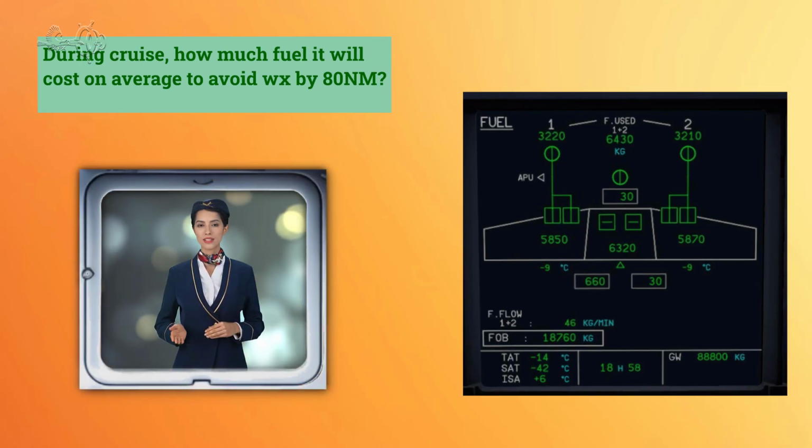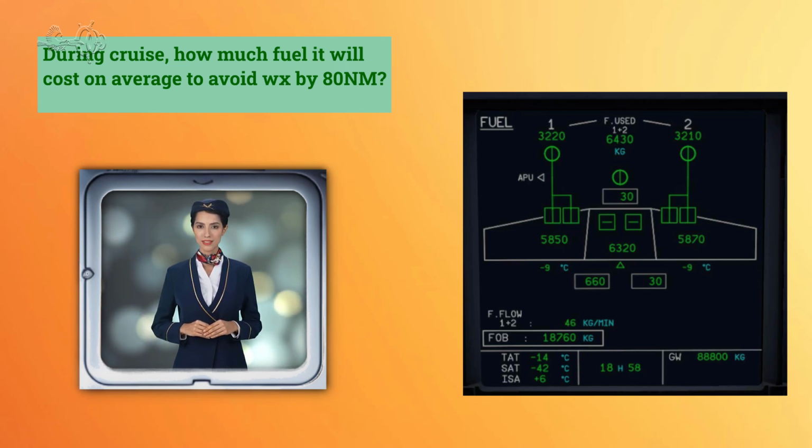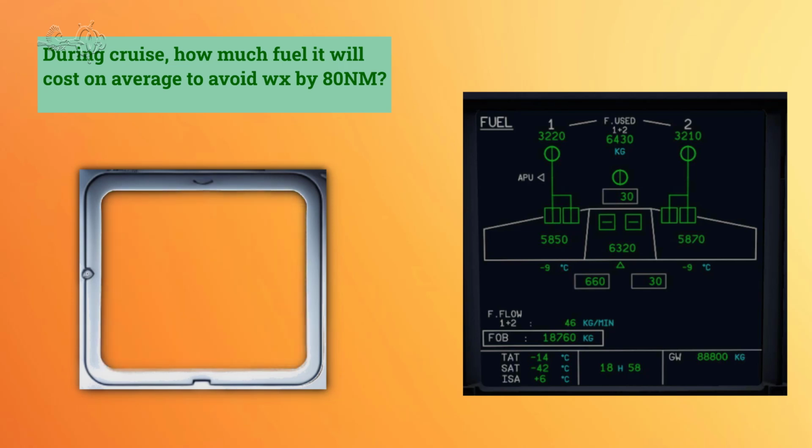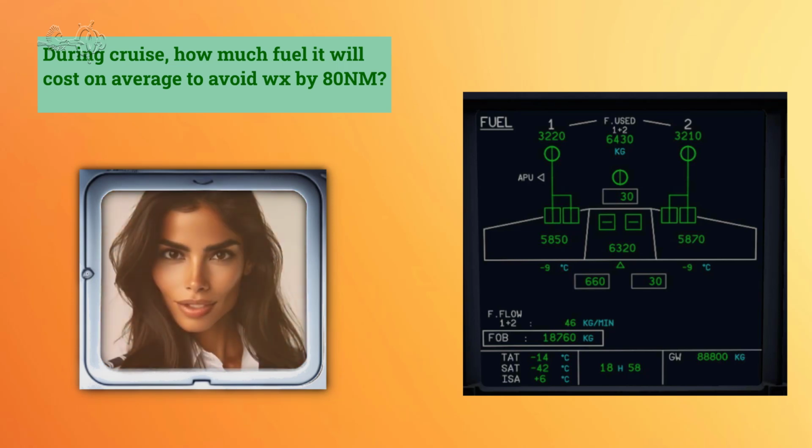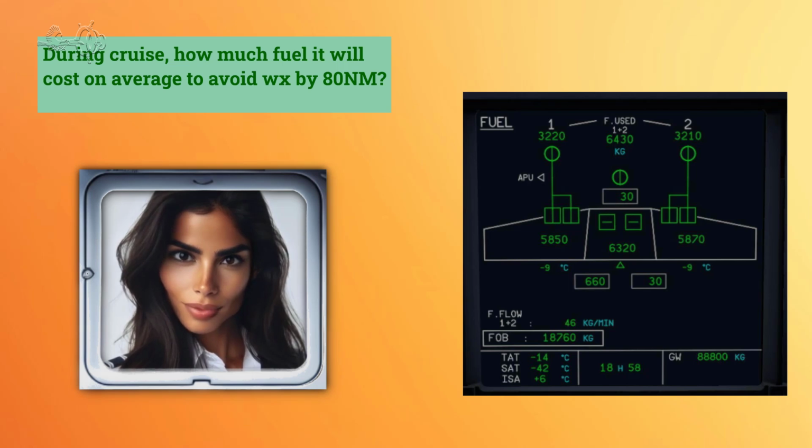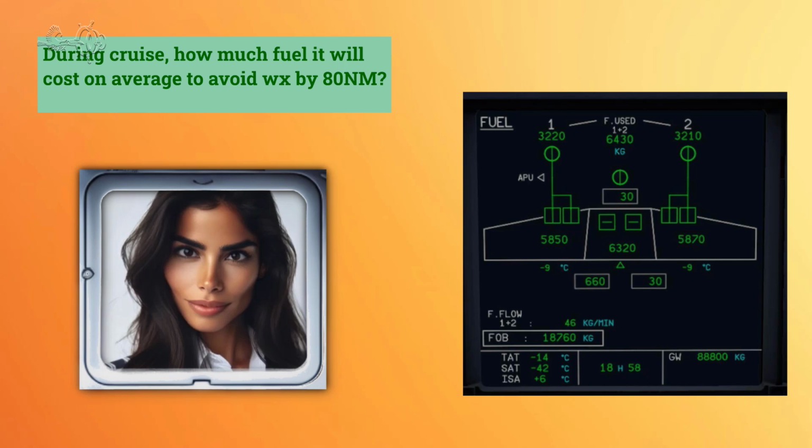Another very practical skill is the ability to quickly determine the cost in terms of fuel it would take to circumnavigate weather. Imagine, for example, that you would need an 80 nautical miles weather deviation. How much fuel would we need to realize that deviation? At Mach 0.8, the airplane is moving at approximately 8 nautical miles per minute.